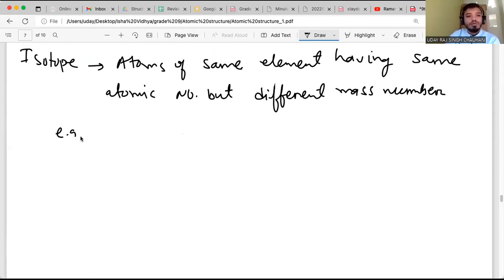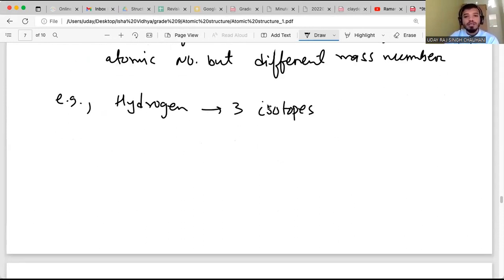So all of you should remember this example. Hydrogen has 3 isotopes, right? So we represent them this way.